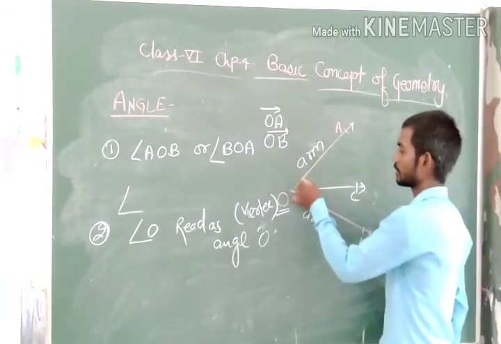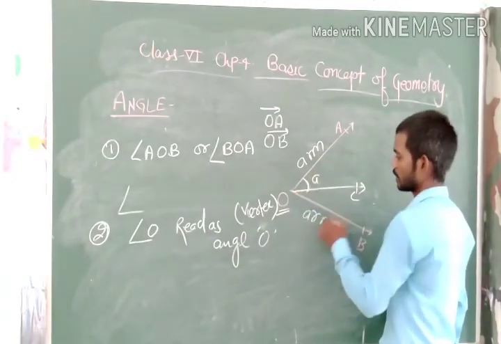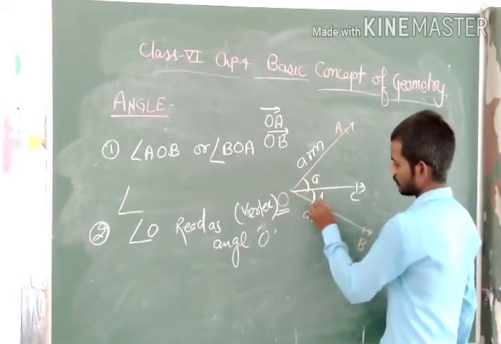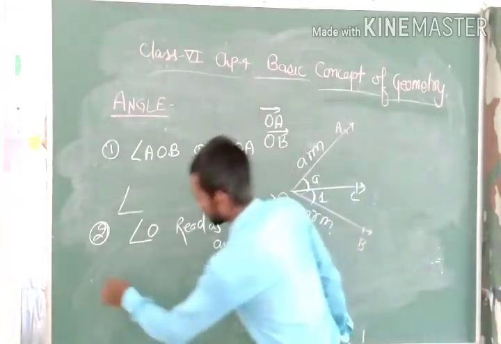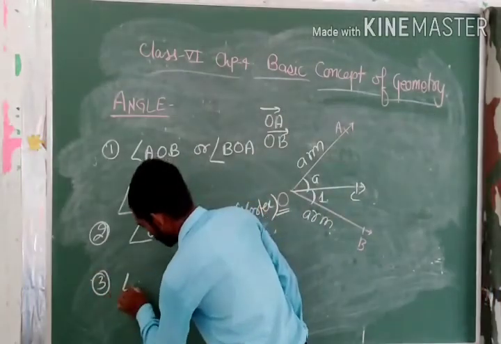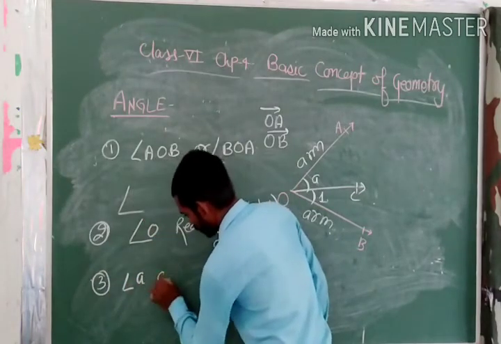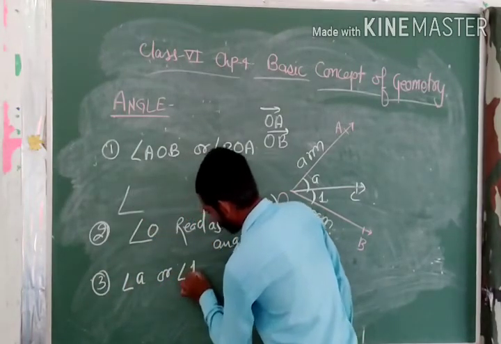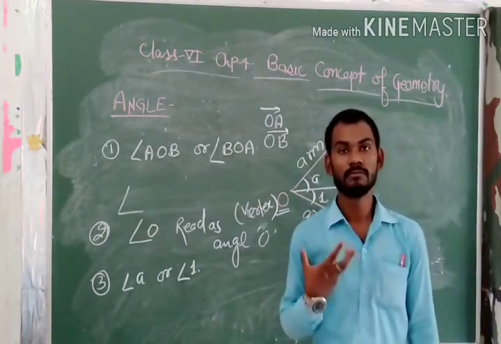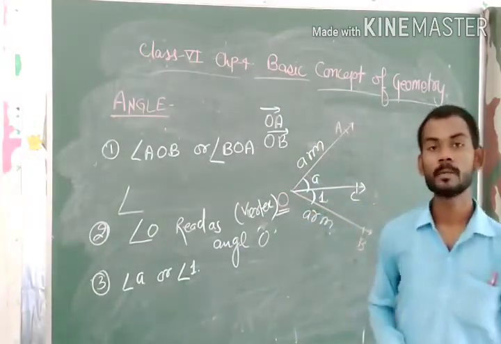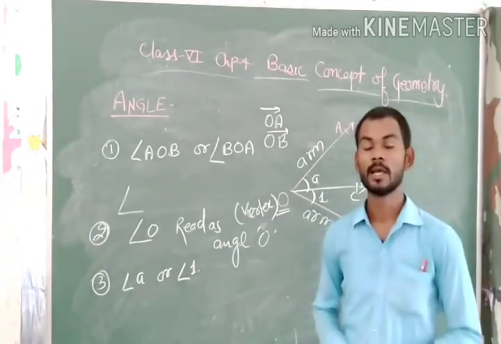Suppose that this is the angle A and this is the angle 1. Then we give the name like this, angle A or angle 1. This is also a method to give the name of an angle.